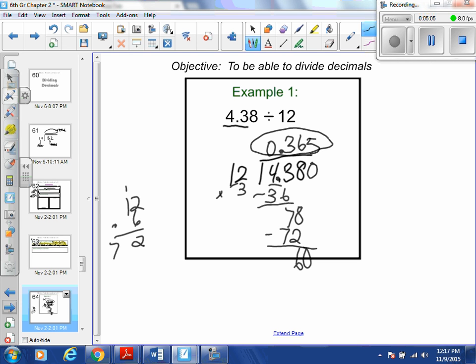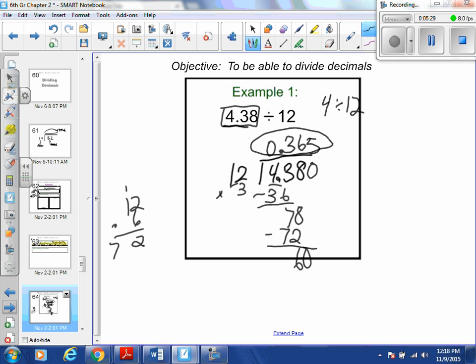There's no remainder. All right, if I had estimated that problem, just to check my answer, 0.365 is less than half. It's less than half of a whole. So if I would estimate this, I would say $4.38 is about 4. 4 divided by 12, okay?